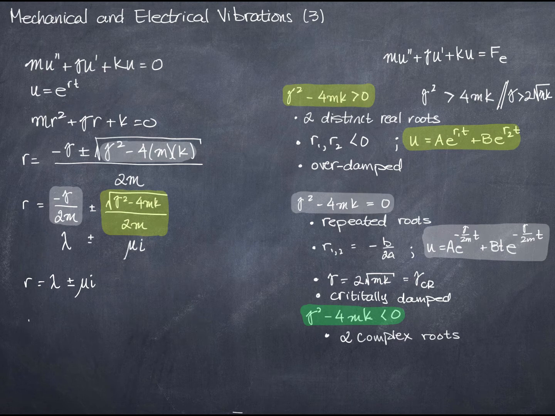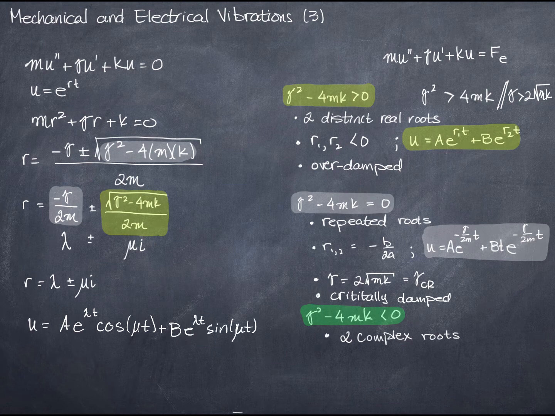And that means that my solutions are going to take the form a e^(lambda t) cosine of mu t plus b e^(lambda t) times the sine of mu t.